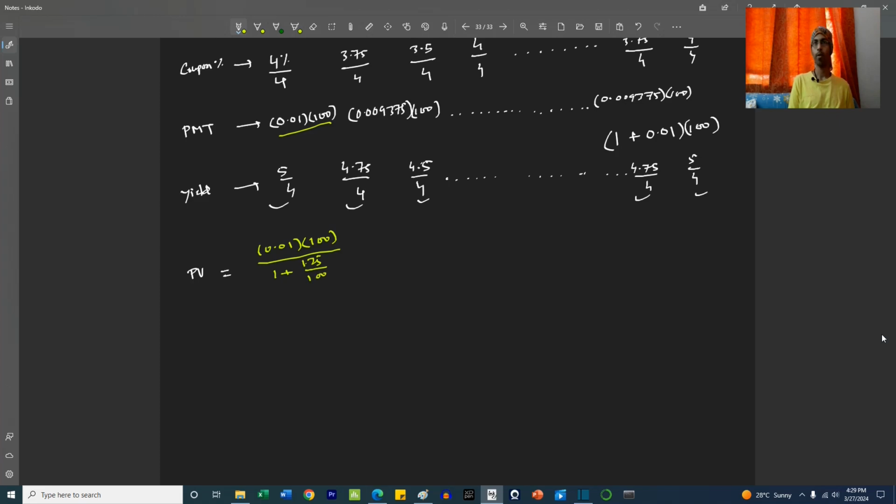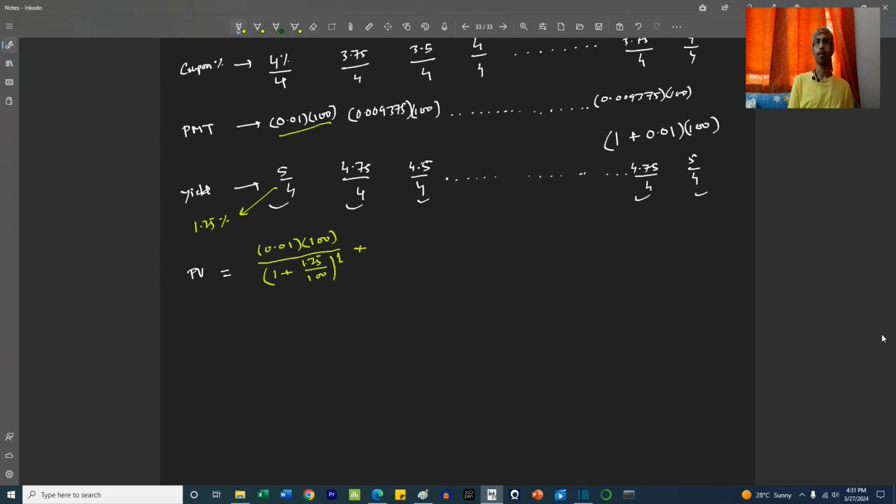Why 1.25 by 100? Because this is 1.25 and it is a percentage figure, so we divide it by 100 to get the discount value, right? And because the period number is 1, we write to the power 1 here.